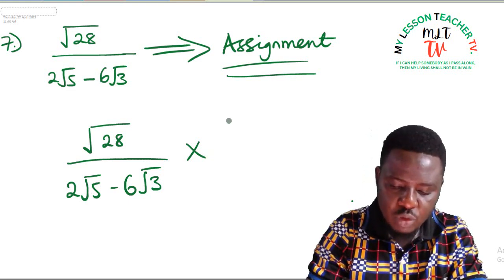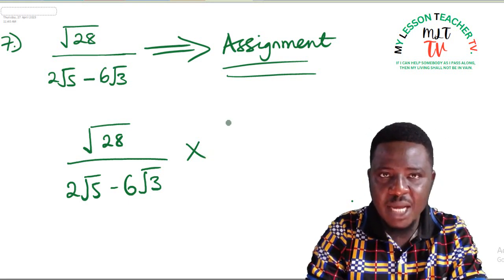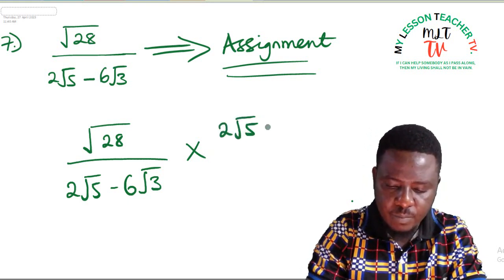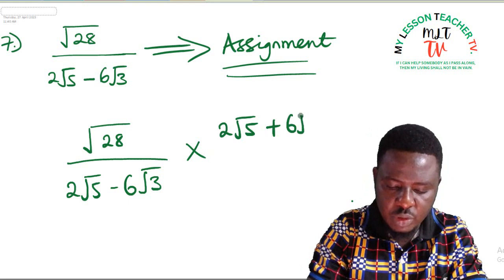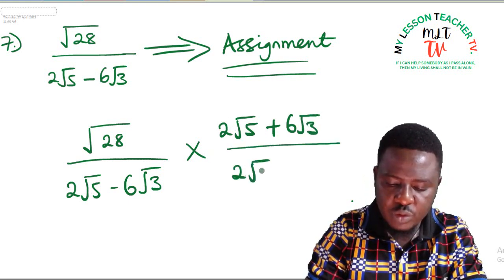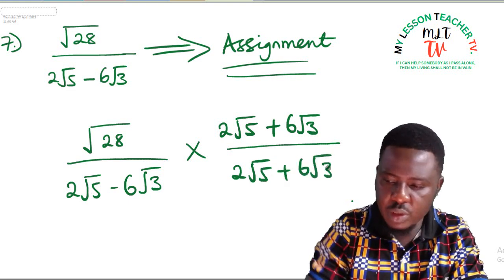So we are going to multiply both the numerator and denominator by the conjugate, which is 2 root 5 plus 6 root 3 divided by 2 root 5 plus 6 root 3.